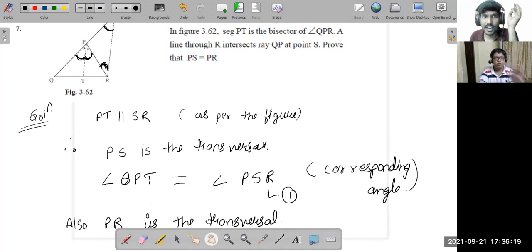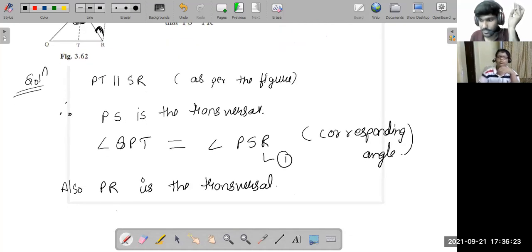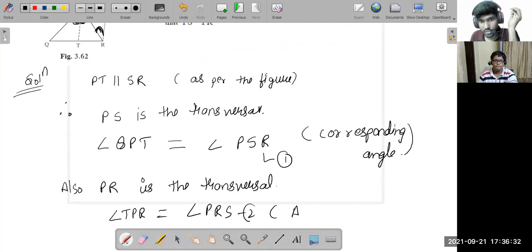TPR and PRS are alternate interior angles. So angle TPR will be equal to angle PRS. I'll name it equation 2, and the reason is alternate interior angles.